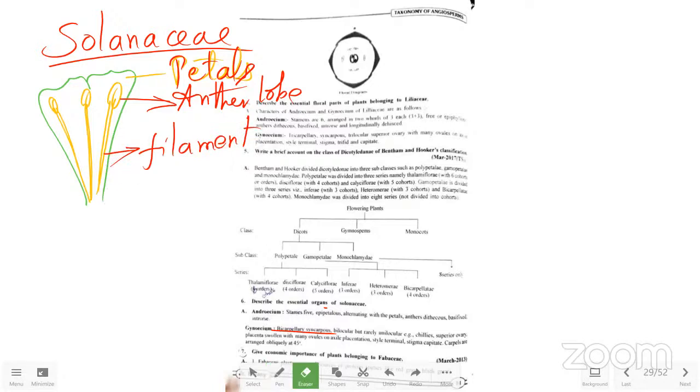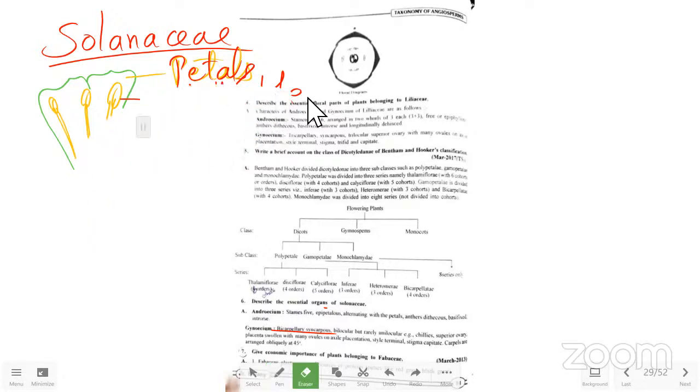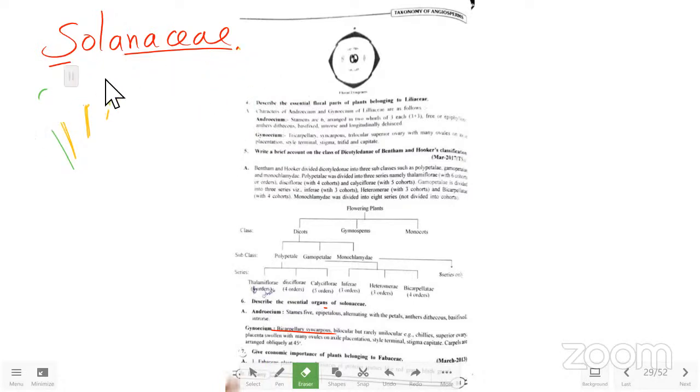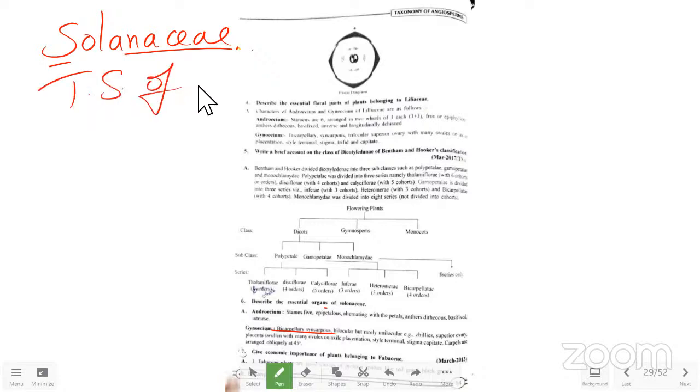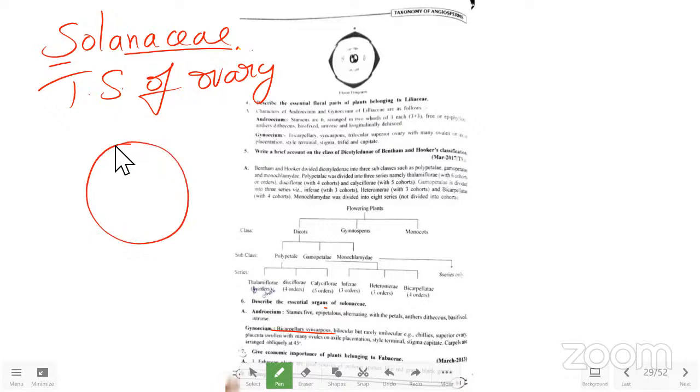Now comes the gynoecium. In the gynoecium, only the TS of ovary we have to draw. First draw the circle.